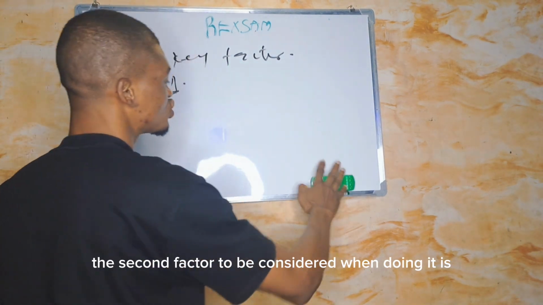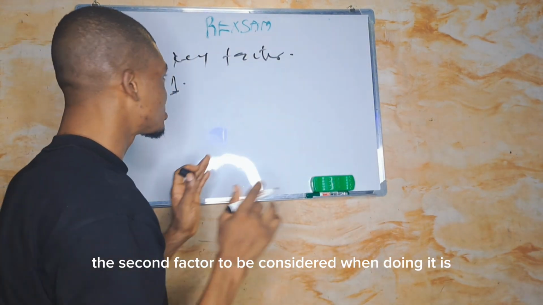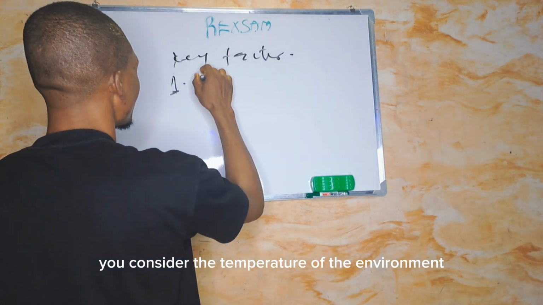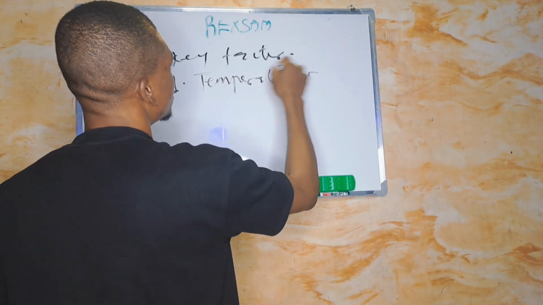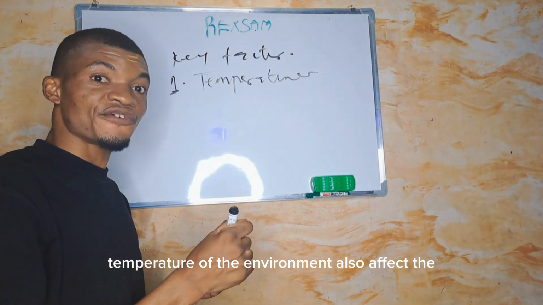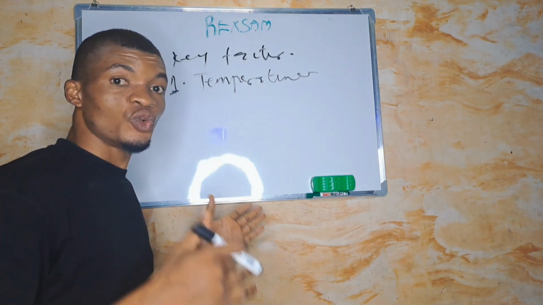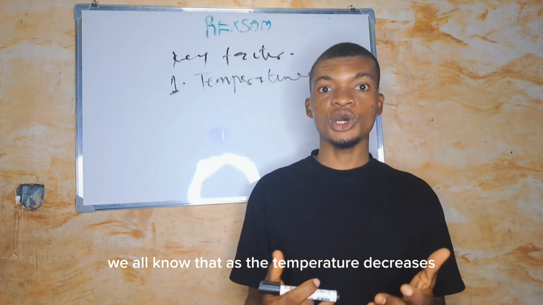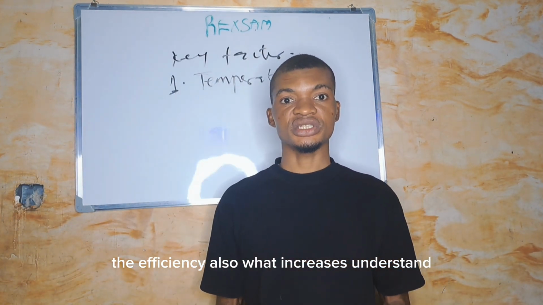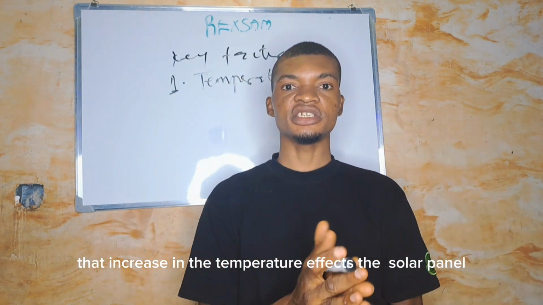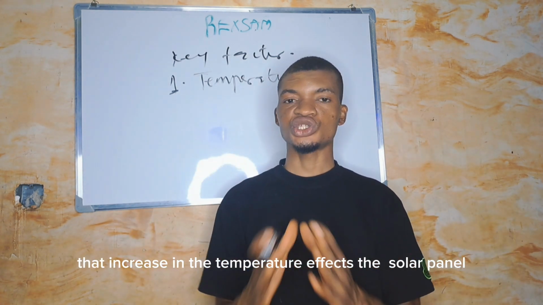The second factor to be considered is the temperature of the environment. Temperature of the environment also affects the efficiency of a solar panel. We all know that as the temperature decreases, the efficiency also increases. Understand? So the increase in the temperature affects the solar panel.